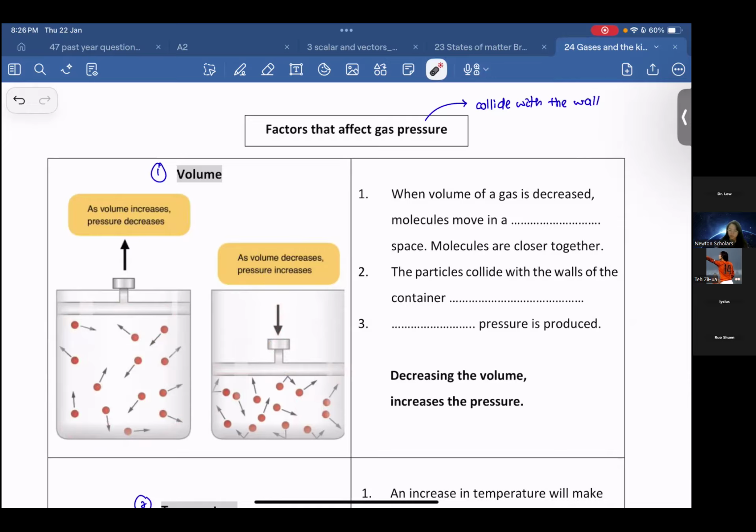But the problem is when we decrease the volume, the molecules can only move in a smaller space. The molecules will be closer together, close to each other. Because they are close to each other, they get more chance to collide with the wall.